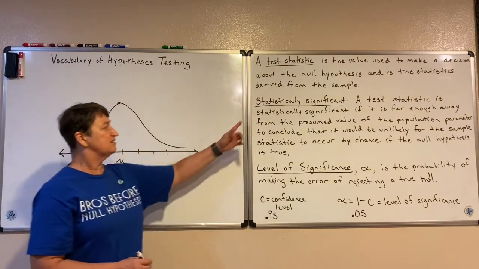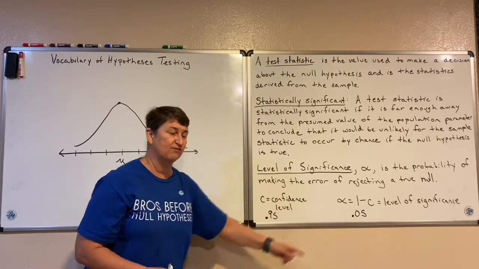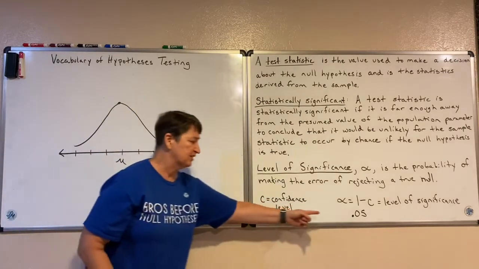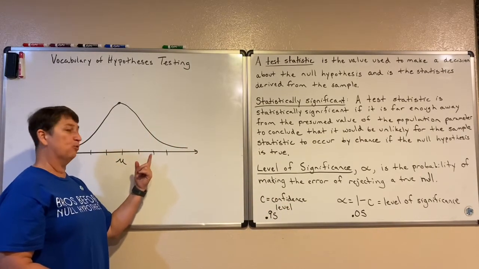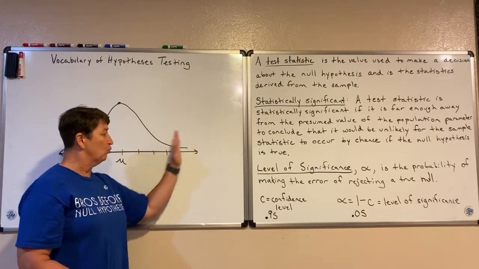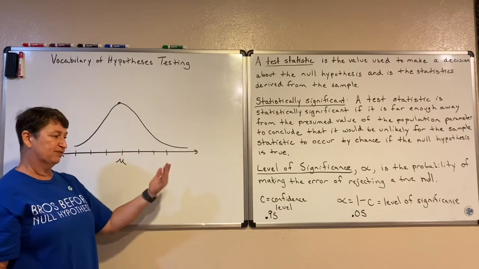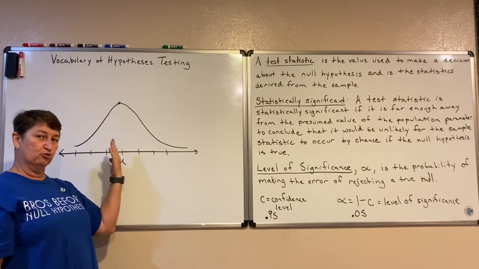So that statistical significance depends upon your level of significance. How far out is it? If my level of significance is 0.03 or 0.015, I would need to be way out there. But if my level of significance is like 0.1 and 10%, then it would be closer to the mean.